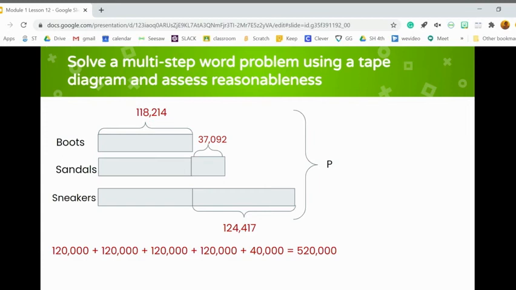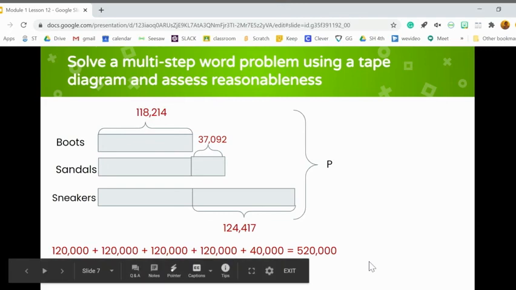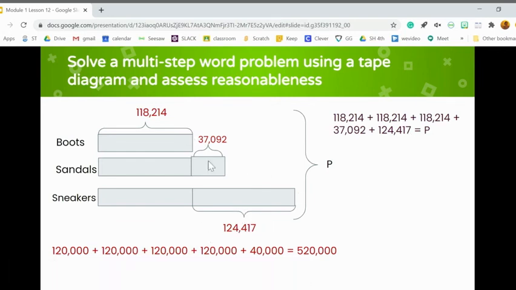So I'm going to use that when I actually add up all of these large numbers and find my actual answer. So if I were to do that math, I would add up the number of boots 3 times plus the additional amount that gives me the sneakers and the additional amount added on for the sandals.